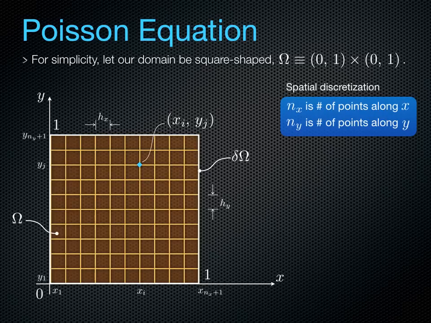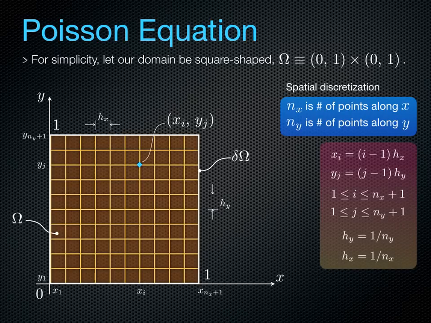So if we have our points ranging from x sub 1 through to x sub n_x plus 1 along the x direction, and likewise y sub 1, y sub 2 through to y sub n_y plus 1 along the y direction, then the algebraic relationships are as follows. x sub i, the address of the ith grid mark along the x direction, is merely i minus 1 times h_x, the spacing along x.